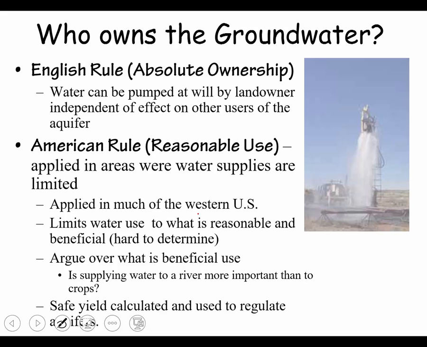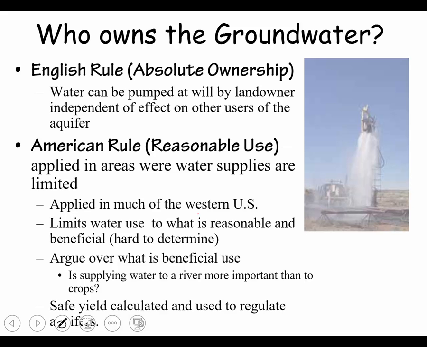There is an American rule, which is applied in areas where there are limited water supplies, that has to do with reasonable use. Okay. And not a surprise, this is mainly in the western part of the United States. That's the dry part. Where are we more likely to use groundwater? Where it doesn't rain a lot. Okay. And so in those areas, you're more likely to have a conflict.